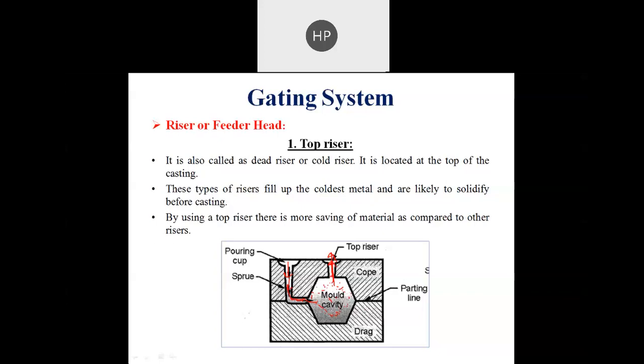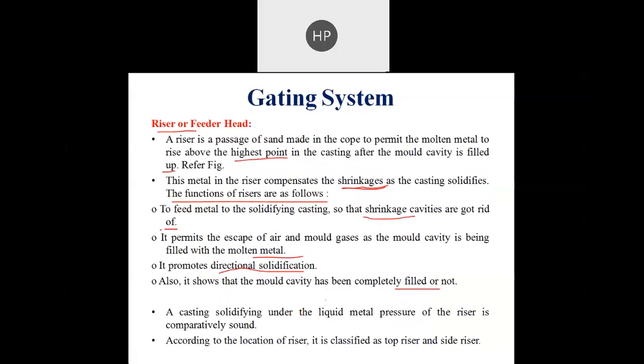But as the metal starts rising in the riser and reaches the top, you will be confident that the cavity is completely filled, and after solidification we can have a solid product. So these are the purposes for which we employ a riser in the gating system.